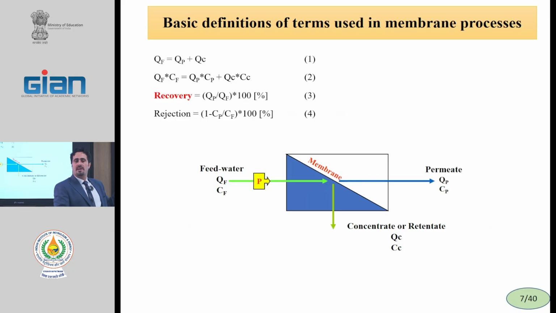Related to the membrane process, the main product can be permeate or concentrate. For example, in reverse osmosis, our product is permeate. We want to desalinate the water and produce desalinated water. Therefore, permeate is our product. But in a UF process, in most cases, our product is concentrate.